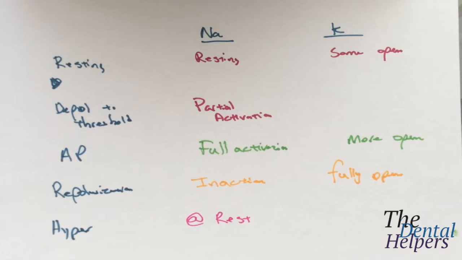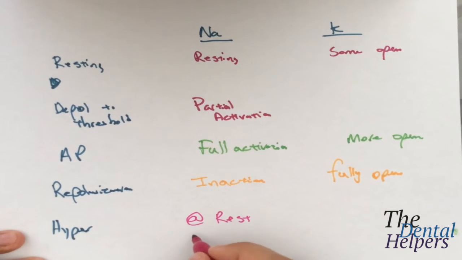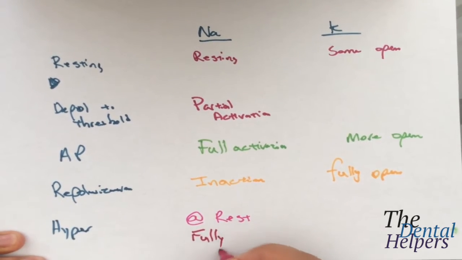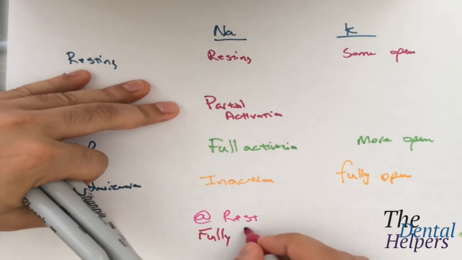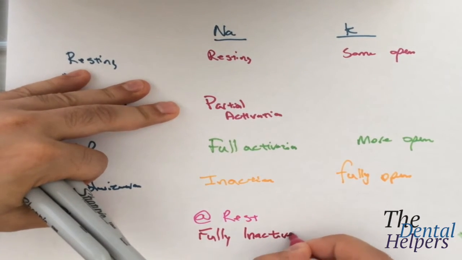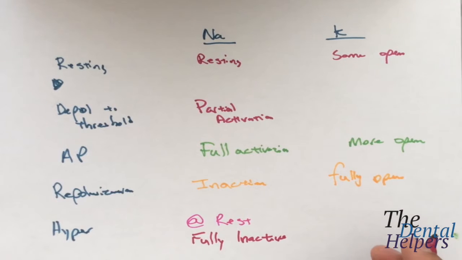So what will happen is it's fully inactive, meaning that we're back in the state where everything was closed, and this is going to put it in an absolute refractory period, meaning that we can go back to a point where we can have the next action potential occurring.